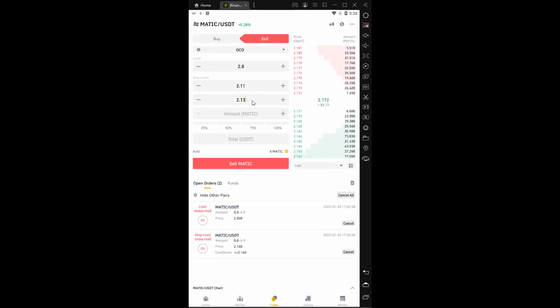That's why the price has to be the same. So you are saying if the price reaches 2.8 first, sell it off at 2.8. But if the price reaches 2.11 first, sell it off at 2.11. Then you place the 100% condition and you sell.